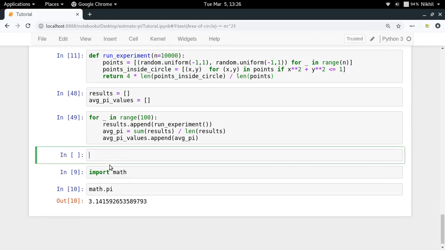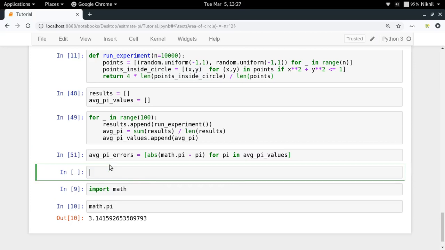So what I can do is try to find the error which is remaining in my pi value. So average pi errors can be written as the absolute value of math.pi minus pi, for pi in average pi values.